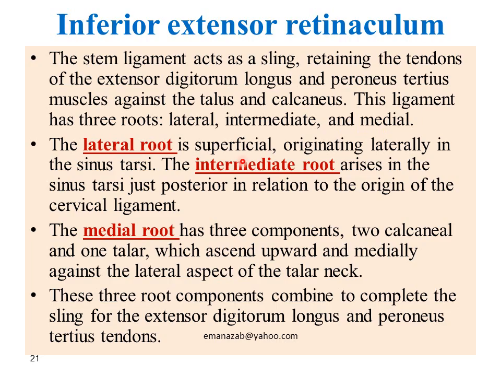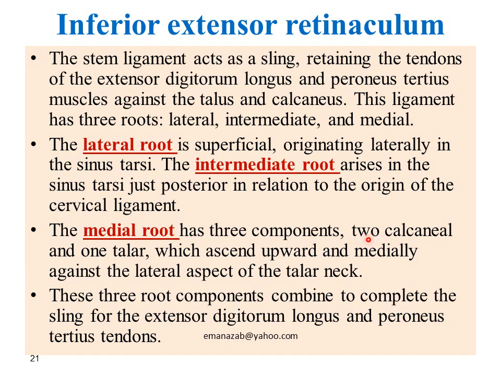The lateral root is superficial, originating laterally in the sinus tarsi. The intermediate root arises in the sinus tarsi just posterior in relation to the origin of cervical ligament. The medial root has 3 components: 2 calcaneal and 1 talar.